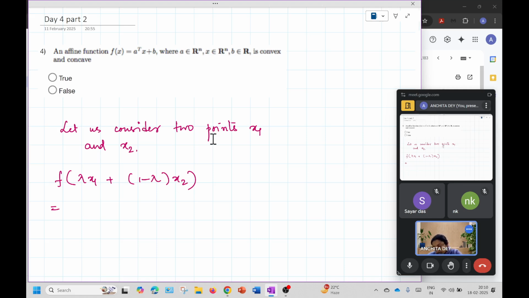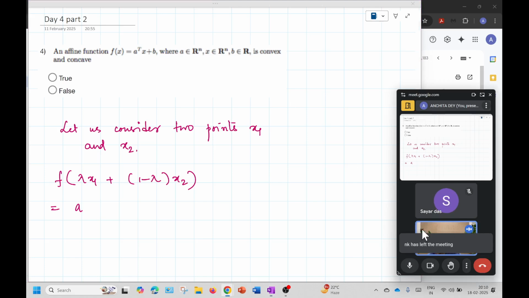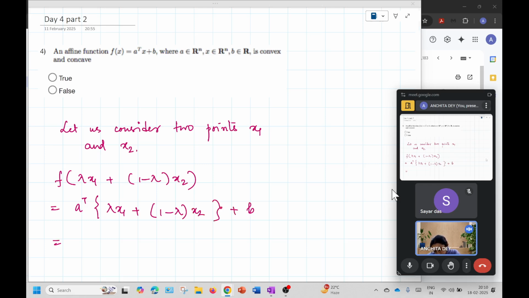Therefore, we write f as A transpose times lambda x1 plus 1 minus lambda x2, plus b. If we break it down, we have lambda A transpose x1 plus 1 minus lambda A transpose x2 plus b.